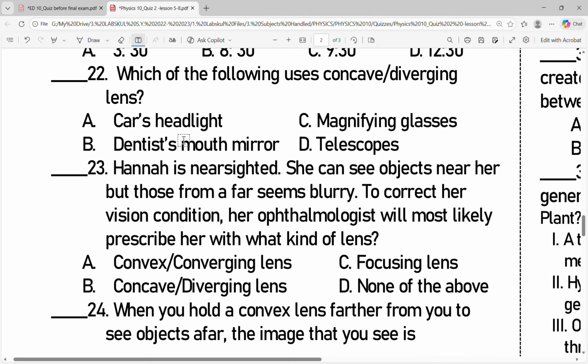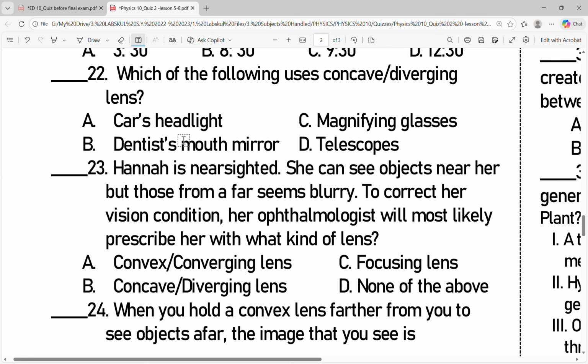So diin nato na siya usually ginagamit. Of course, sa magnifying glass hindi pwede kay ginamagnify mo. Dentist siya ginamagnify man ya ang image sang imo nga tooth kung ginabutang niya ang mirror na sa lapit sa ngipon sang estudyante. Same with telescopes.